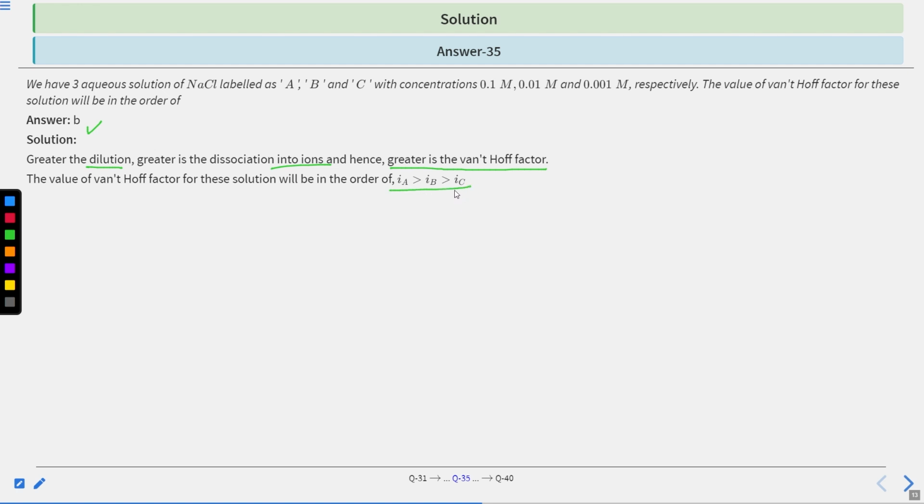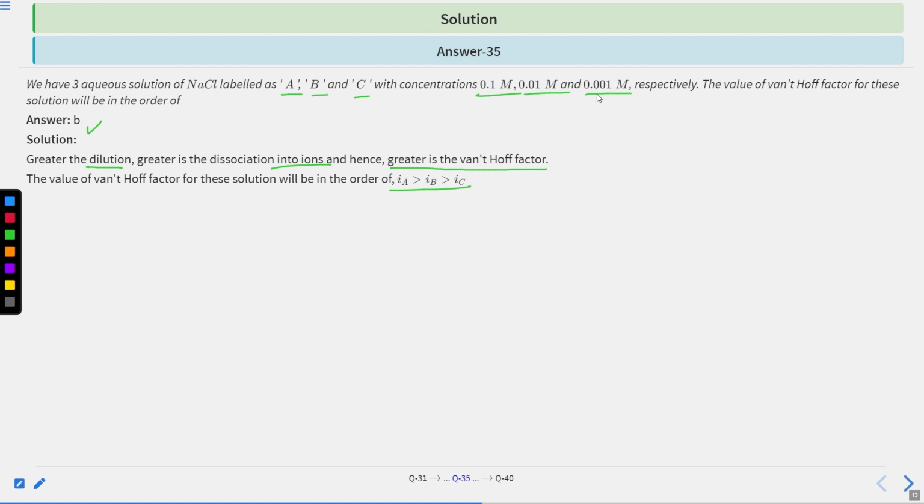You can also see that NaCl will give you 2 ions after dissociation, and we have 3 aqueous solutions of NaCl only. So i will be the same. Sorry, the dissociation will be similar in A, B, and C, but the solutions have different concentrations, right? 10 to the power minus 1, 10 to the power minus 2, 10 to the power minus 3.